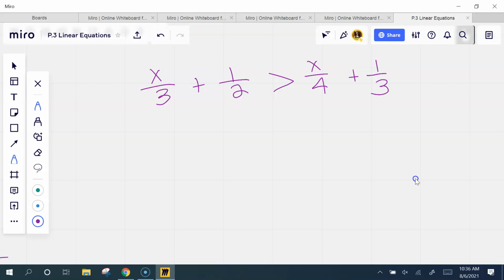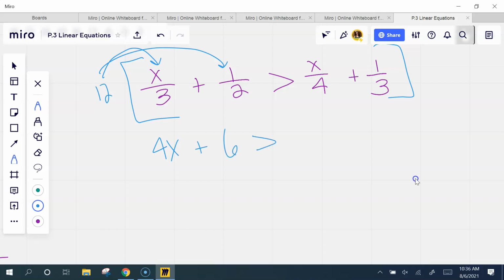Now, if you just like working with fractions and you wanted to do 1/3 minus 1/2, then knock yourself out. So 12 divided by 3 is 4x, right? 12 divided by 2, yes.